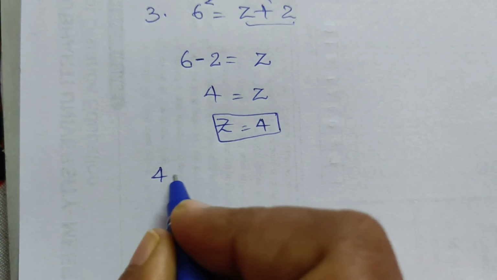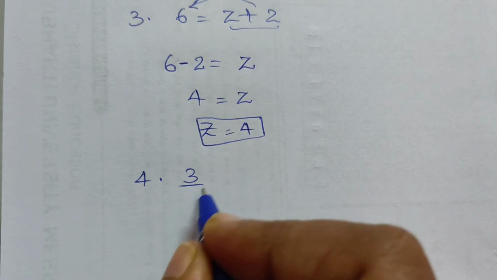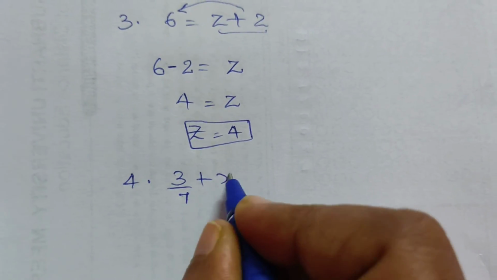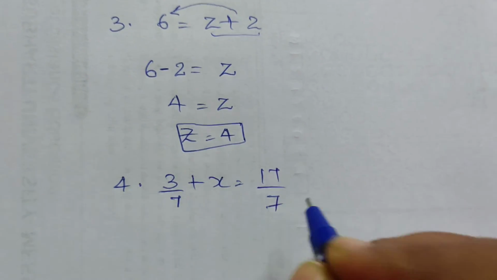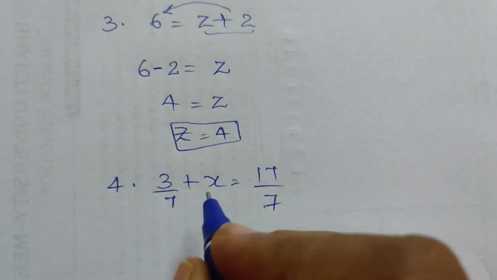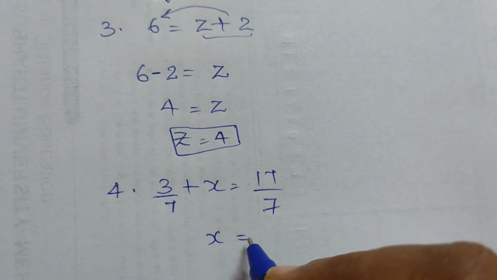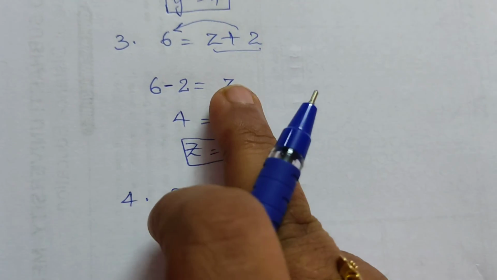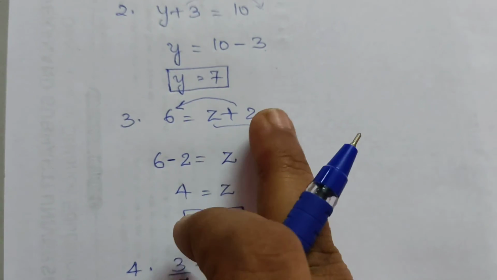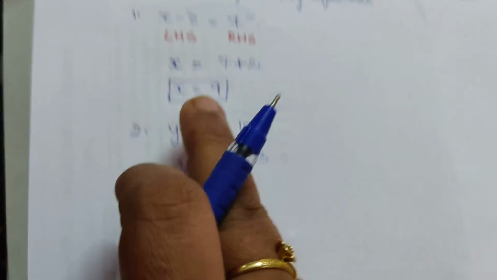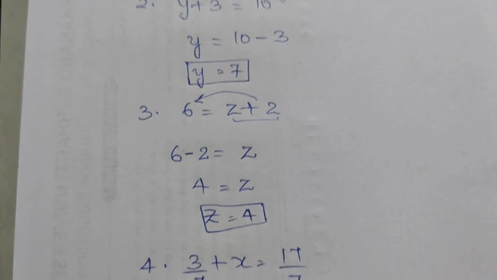Okay. The fourth problem says 3 by 7 plus x is equal to 17 by 7. X will be in the same place because we need the value of x, so we'll put x is equal to. Whichever variable you need, we'll put that variable equal to, children, and we'll shift whichever number is next to it to the other side by changing its sign.